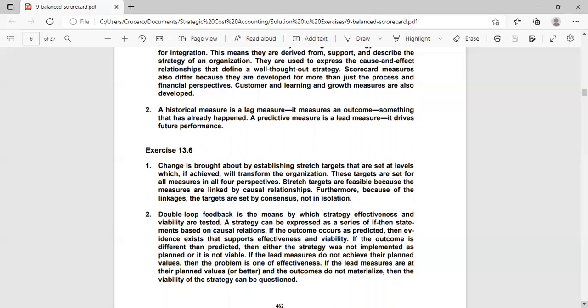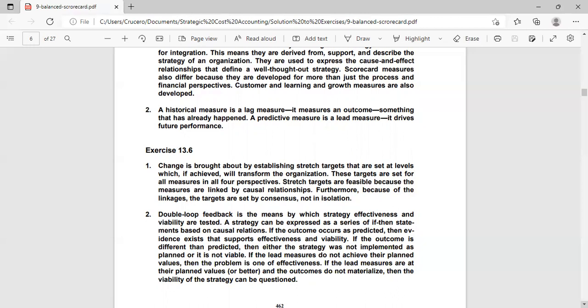These targets are set for all measures. So stretch targets are feasible because the measures are linked by causal relationships.